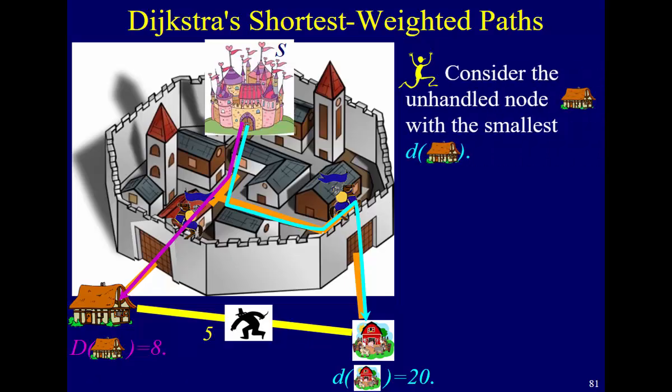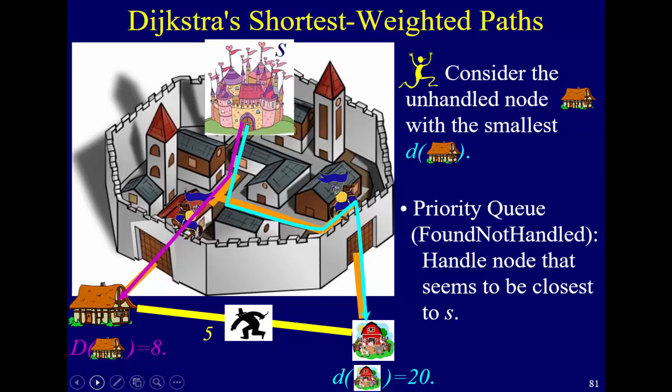Our step is we consider the nodes with the smallest d value and we handle it. We have a priority queue, and remember how priority queues work? They were heaps. And when you change their priority, they bubble up and down, and we have pointers in and out of the heap.